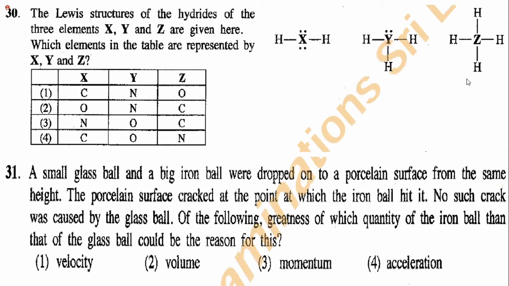The Lewis structures of the hydrides of the three elements X, Y, and Z are given here. Which elements in the table are represented by X, Y, and Z?